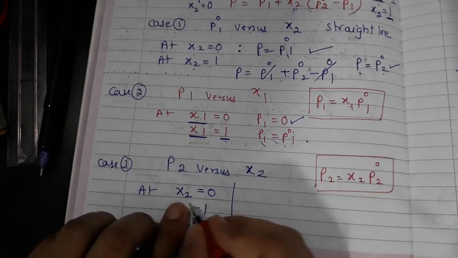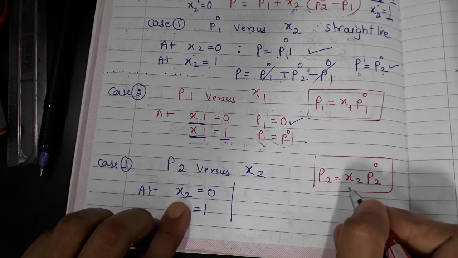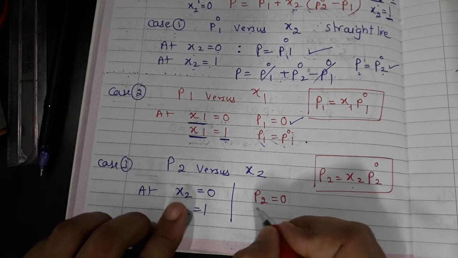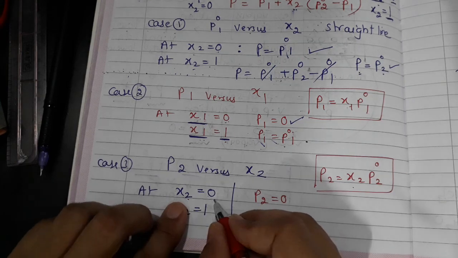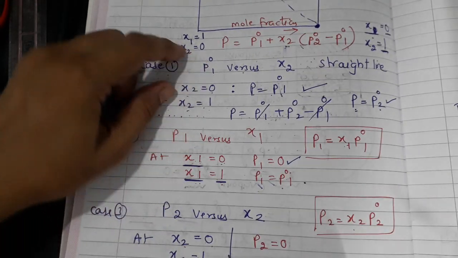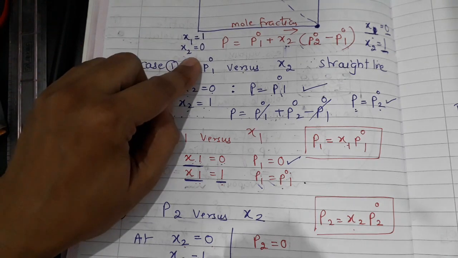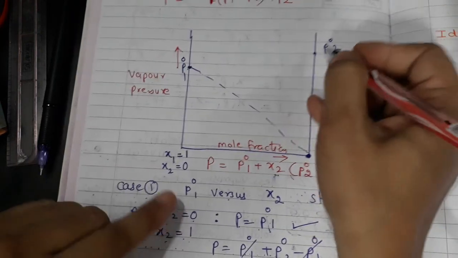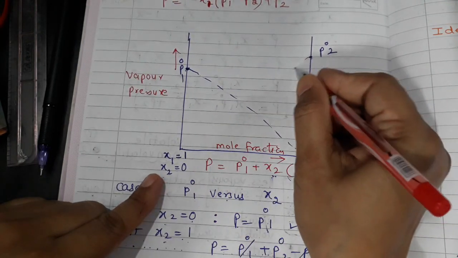Put x2 is equal to 0 in this expression and we will get P2 is equal to 0. Let us see where is the graph. Yes, x2 is equal to 0 means this side. When x2 is equal to 0, we are getting P2 as 0.